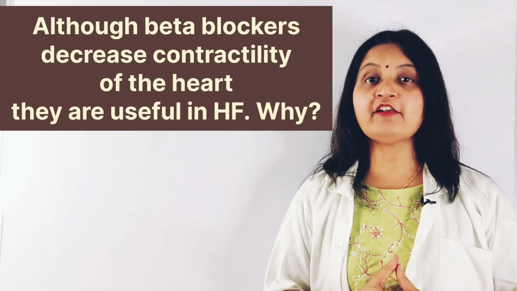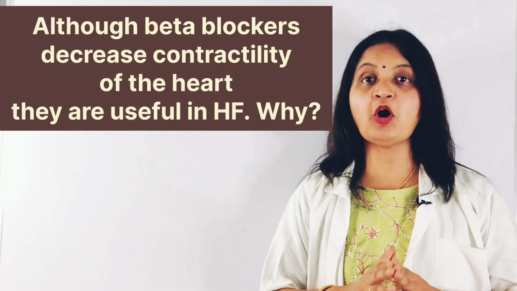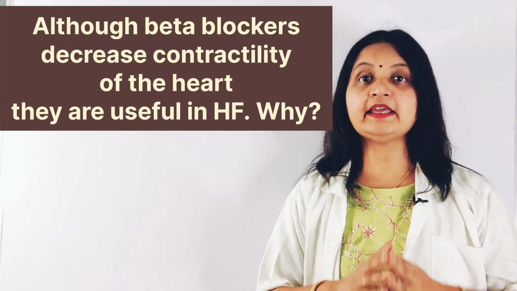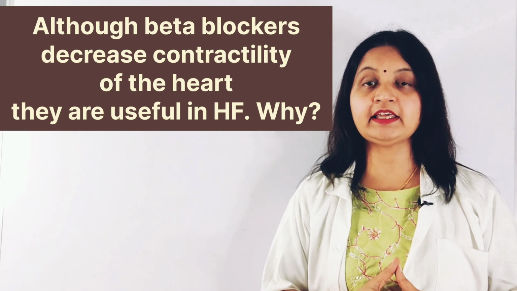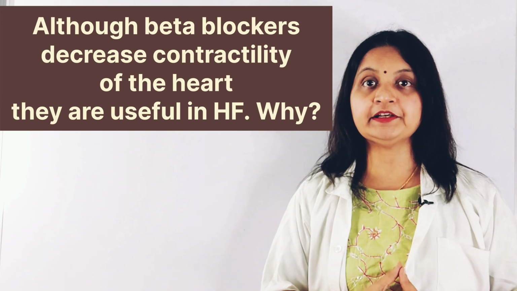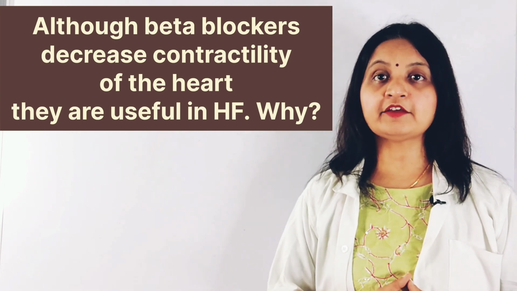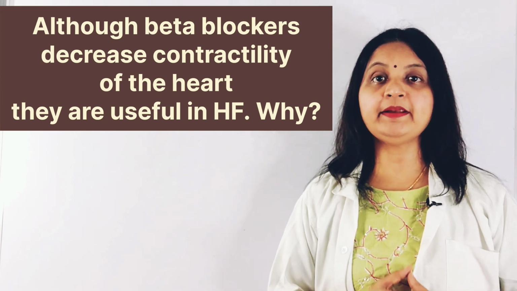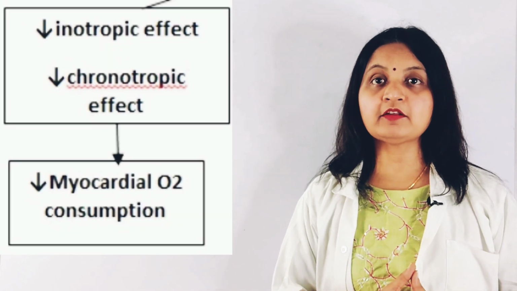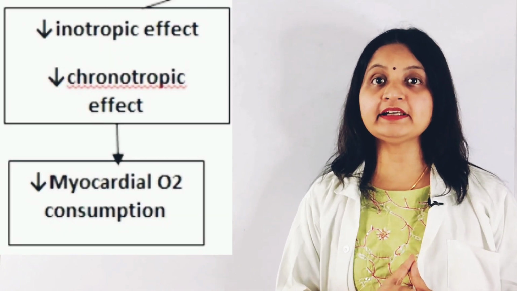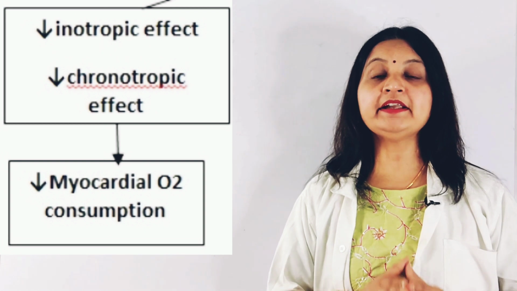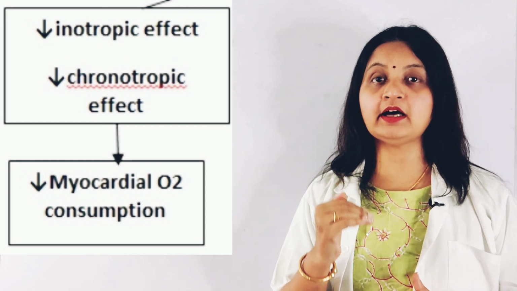What is the rationale for using beta blockers that block the beta receptors and inhibit the sympathetic activity in congestive heart failure? The beta blockers are useful in heart failure by inhibiting the beta-1 receptors of the heart that decrease the contractility and heart rate, thereby decreasing the workload on the heart.